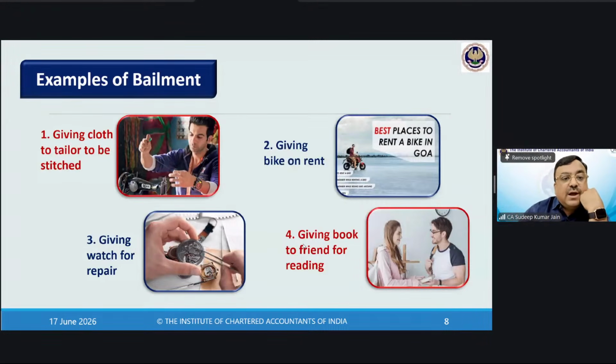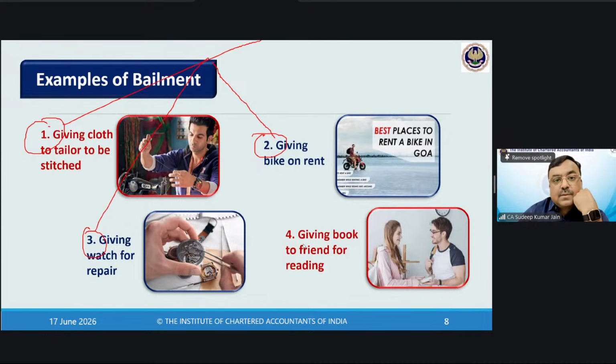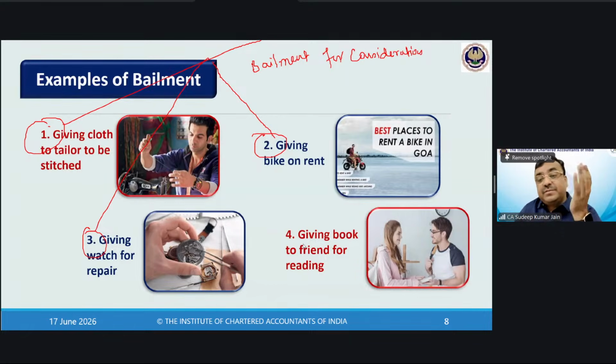1, 2, 3 are bailment for consideration. It means the other party will get some consideration.